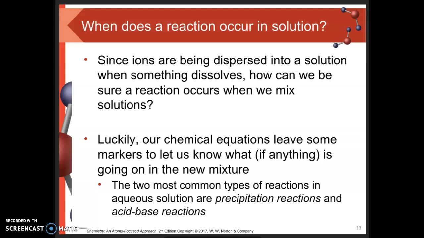Because if I have a series of ions before that have all been separated by water molecules, and a series of ions after that have all been separated by water molecules, how do I actually know that anything changed as I combined the two solutions together? Luckily, chemical equations can give us a little bit of an indication to let us know if anything is happening when those two solutions are combined.